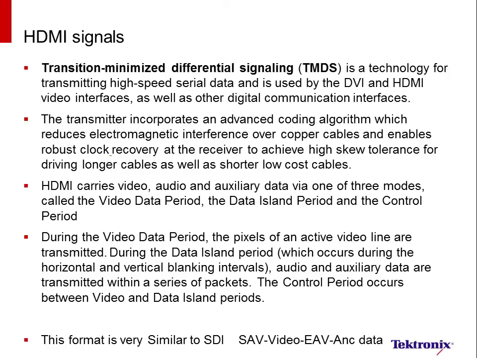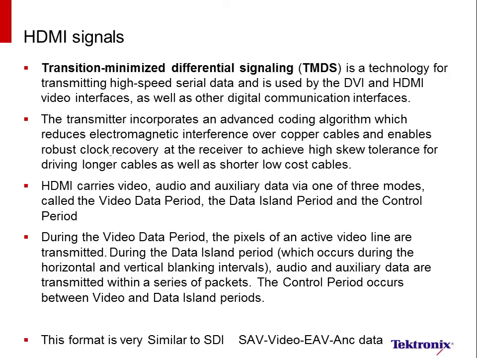The transmitter incorporates an algorithm that reduces the electromagnetic interference over copper wires by using both differential signaling as well as transition minimization, or keeping the number of transitions between ones and zeros across the transmission path to a minimum.